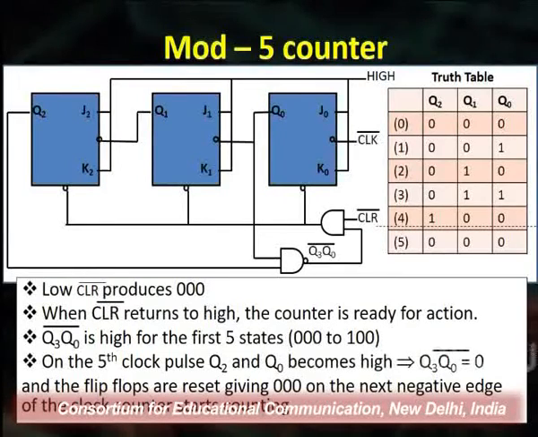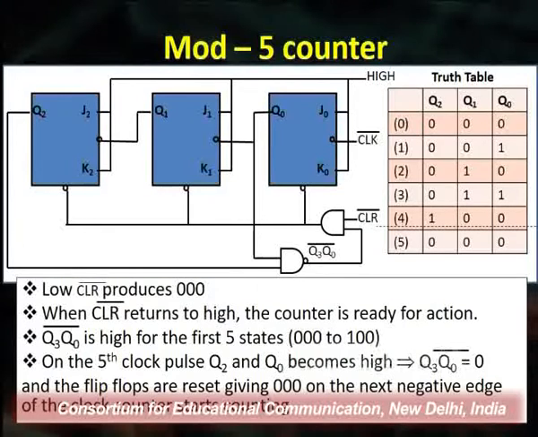If you look at the mod 5 counter, the circuit is the same. The only thing is that it is expected to count from 0 to 4 and then reset itself. So herein we require only 3 JK flip-flops, which is naturally designed to count till mod 8, that is 2 to the power 3 is 8, so it's a mod 8 counter, and it should count from 0 to 7 and then back to 0.